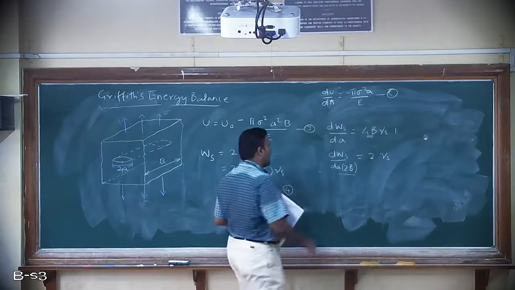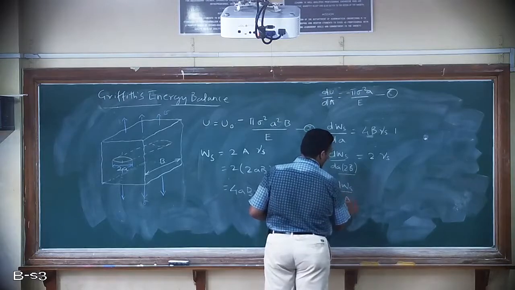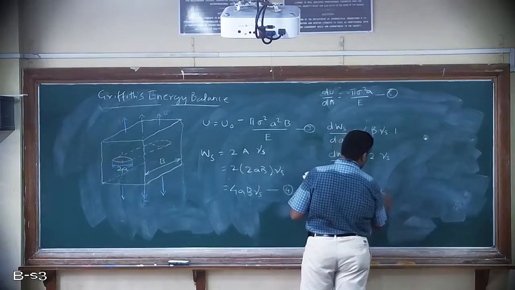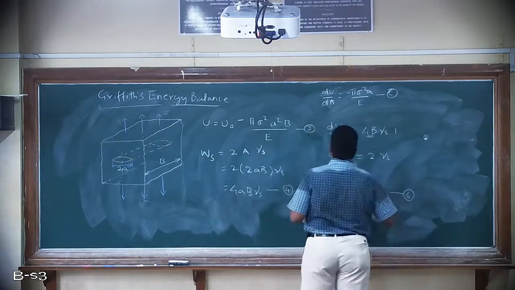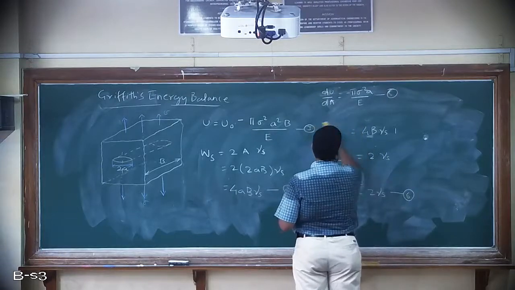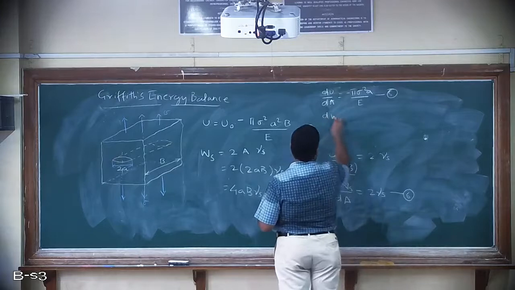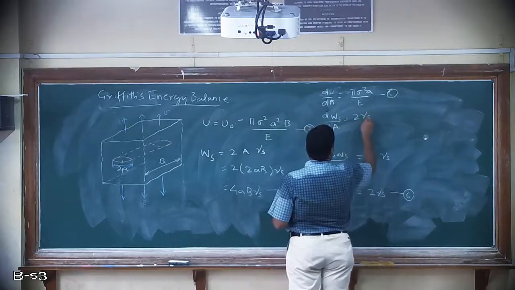It is capital A. So dWs upon d into capital A will be equal to 2 nu s. Say this as equation number 6. So I'll write this equation 6 over here for our reference.